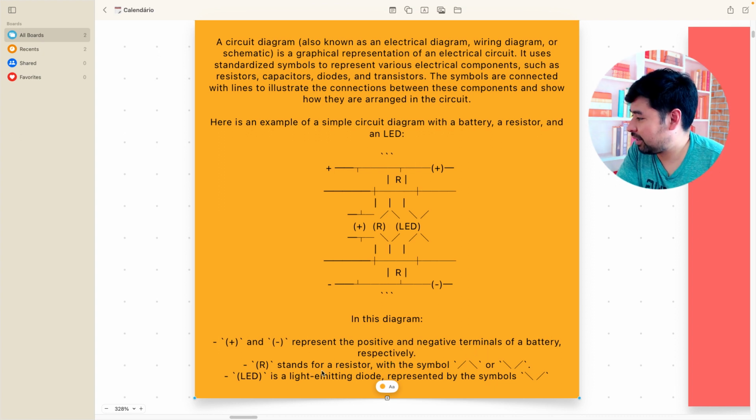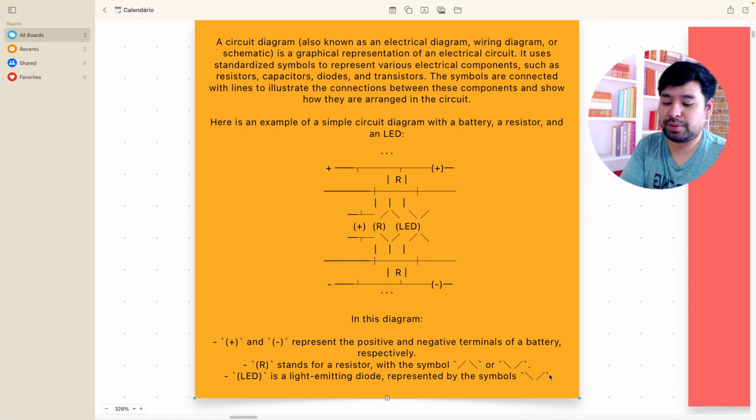And R stands for a resistor, with the symbol like these little symbols here and here. And LED is a light emitting diode represented by the symbols there and here. Okay, so I'm gonna give a little Portuguese explanation for that.